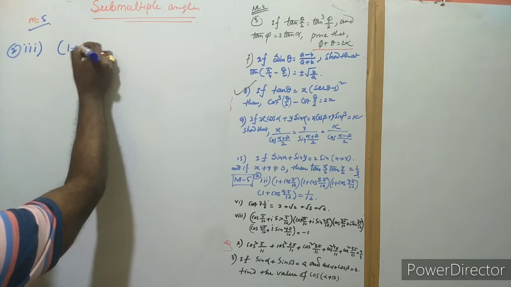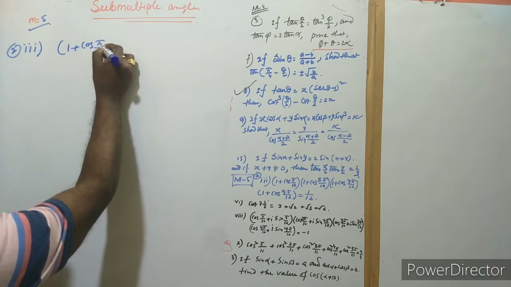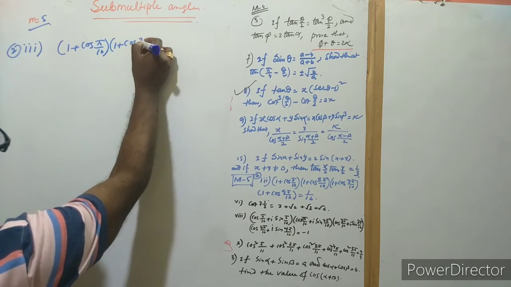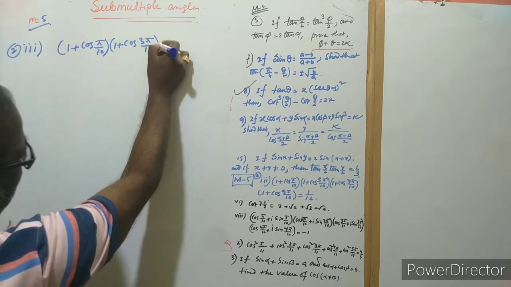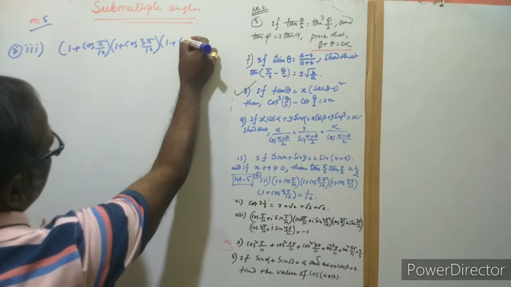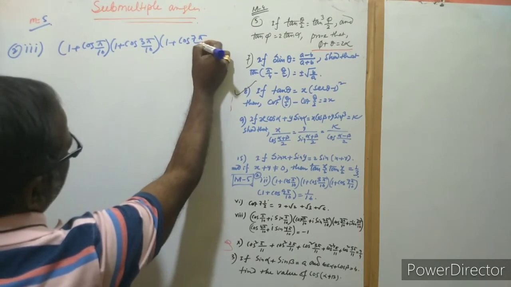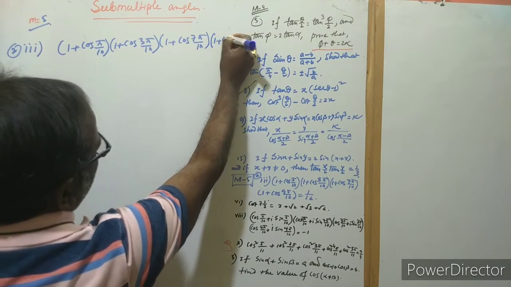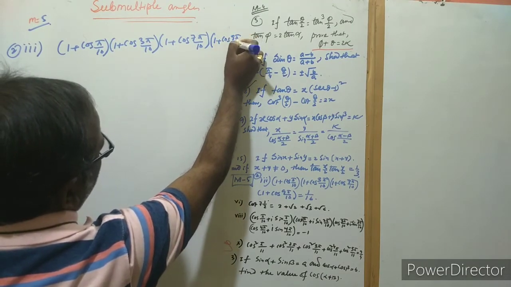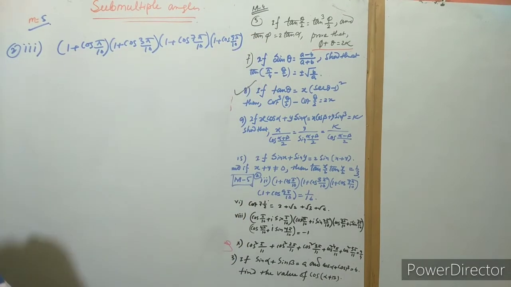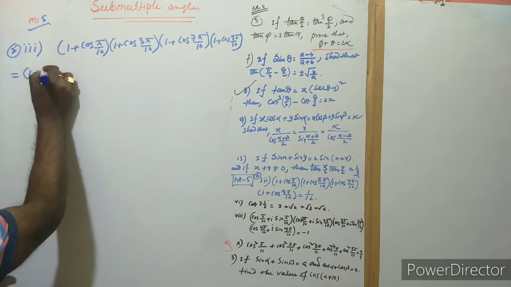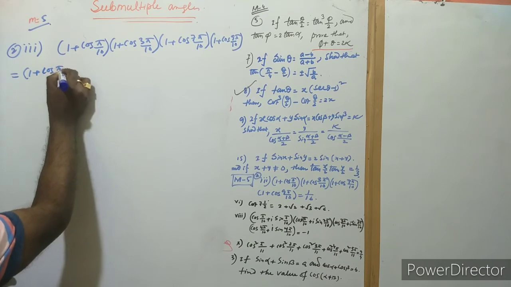This is (1 plus cos pi by 10) into (1 plus cos 3 pi by 10) into (1 plus cos 7 pi by 10) into (1 plus cos 9 pi by 10).